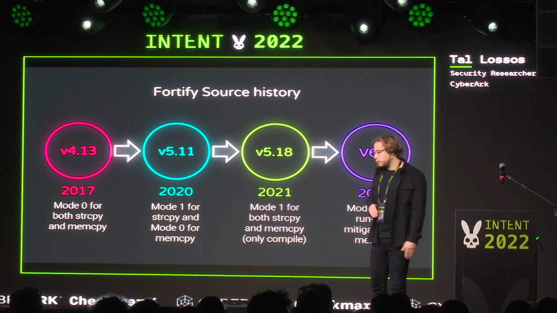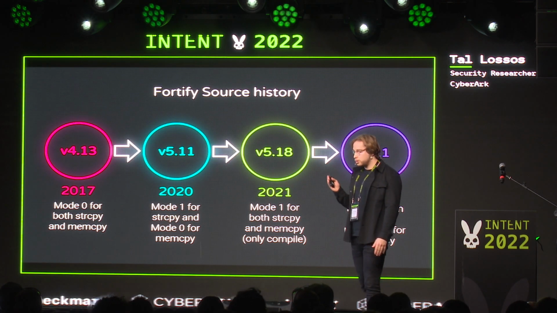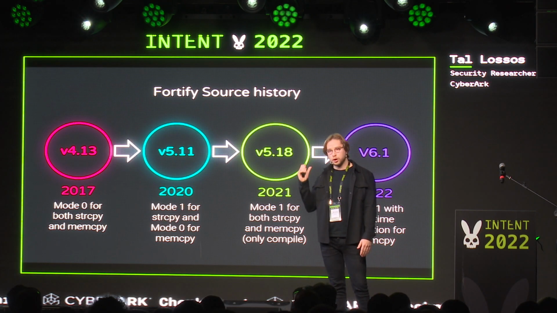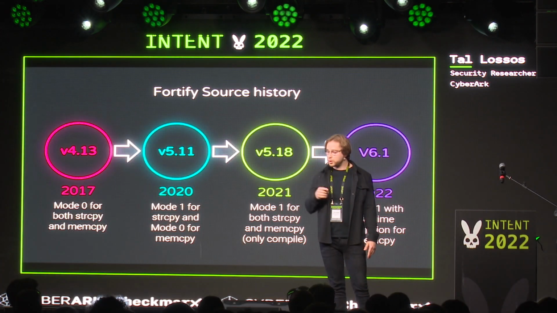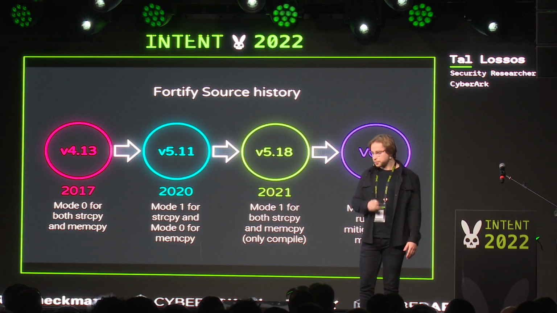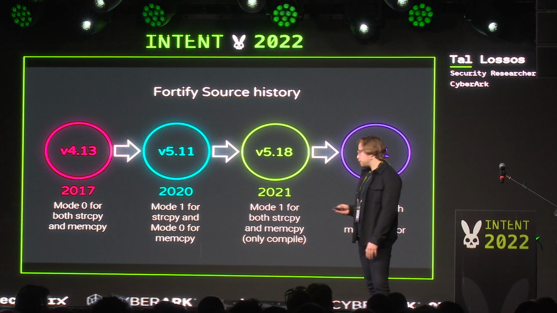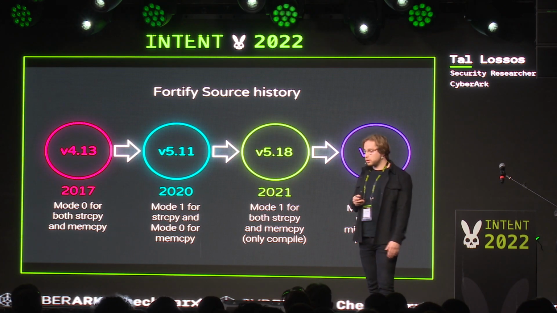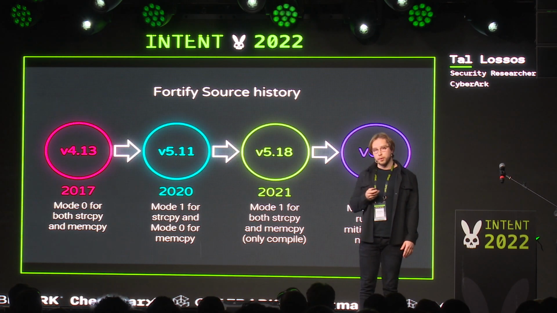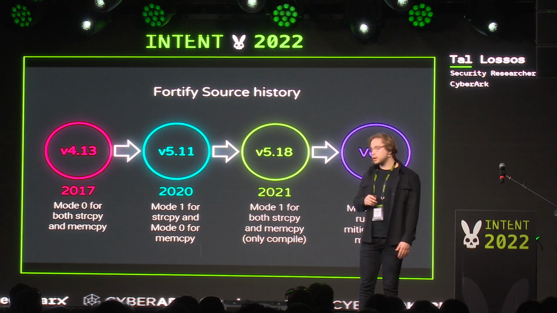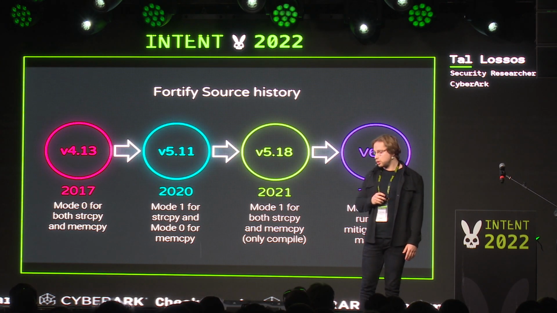Later on in kernel version 5.11 in 2020, mode 1 was turned on for only the strcopy family of functions, whilst mode 0 was still turned on for the memcopy family of functions. In kernel version 5.18 in 2021, mode 1 was turned on for both strcopy and memcopy family of functions, but for the memcopy family of functions, only the compilation time mitigation got introduced.